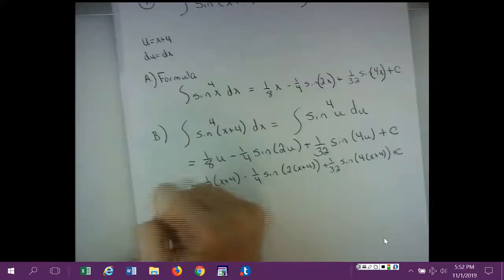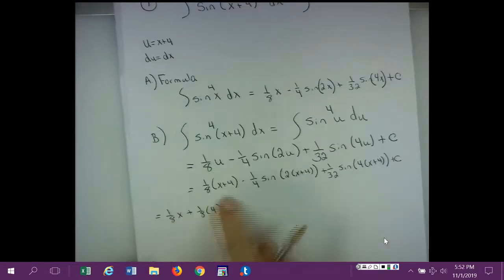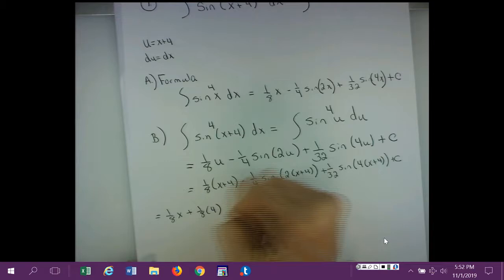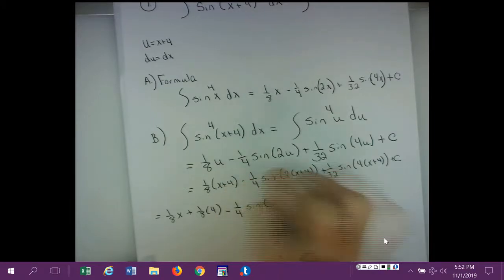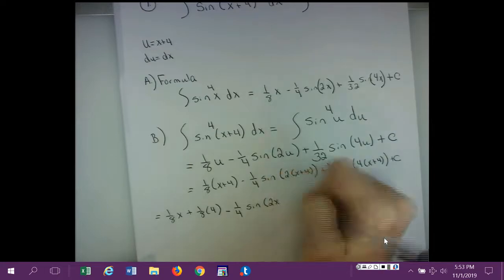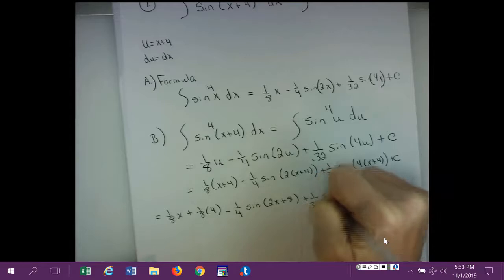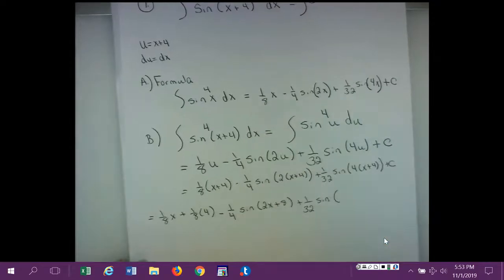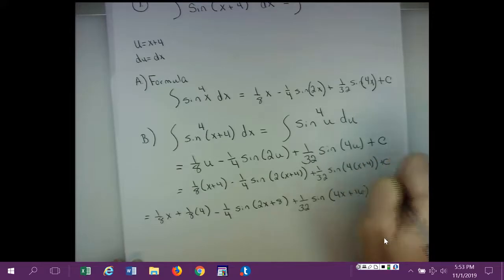And so that would be 1/8 times x plus 1/8 times 4 if you distribute the 1/8, minus 1/4 sine of, and I'm just going to say that's 2x plus 8, plus 1/32 sine of 4x plus 16, plus c.